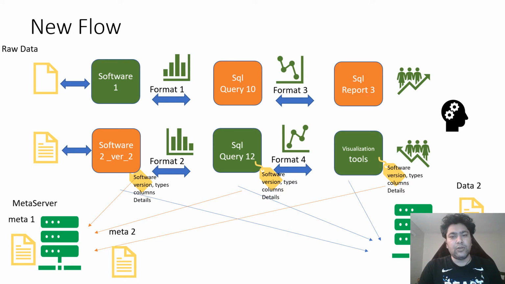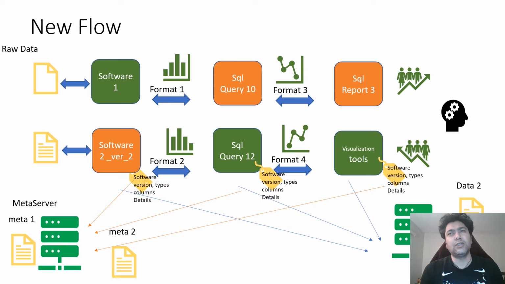Now coming to the next part. For an example, if you remember last time, we took a flow in which we saw a couple of pipelines where raw data was getting as input. It was going through software one, then one query, then another query, then getting a report at the headquarters. Then we considered the case where over time those softwares were getting upgraded or the SQL queries were getting modified.